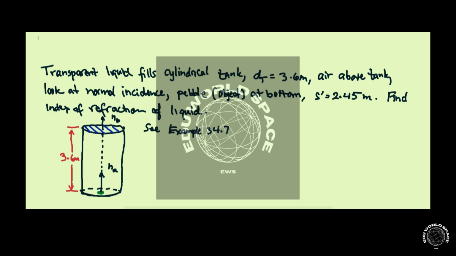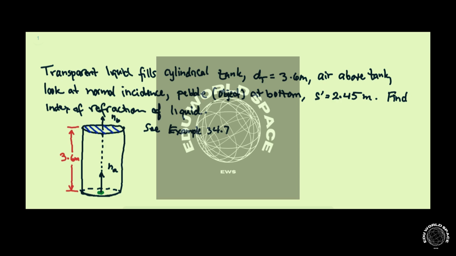In question 18, we're told that a transparent liquid fills a cylindrical tank, that the height of the tank is 3.6 meters, and that there's air above the tank. You're looking into the tank at normal incidence and you see a pebble at the bottom of the tank.